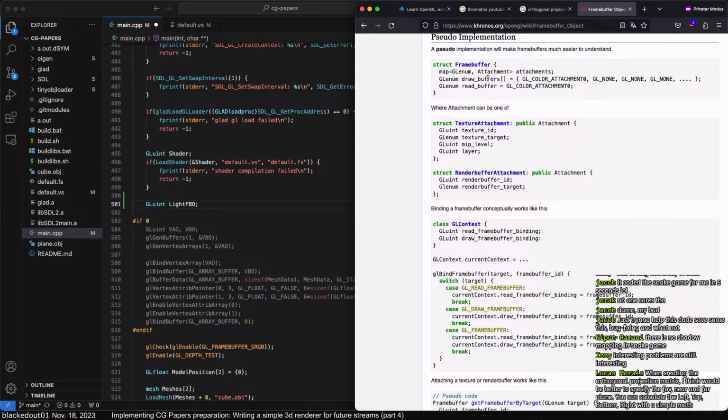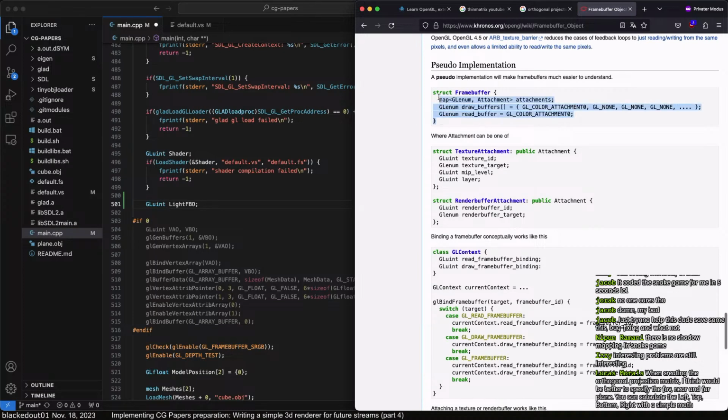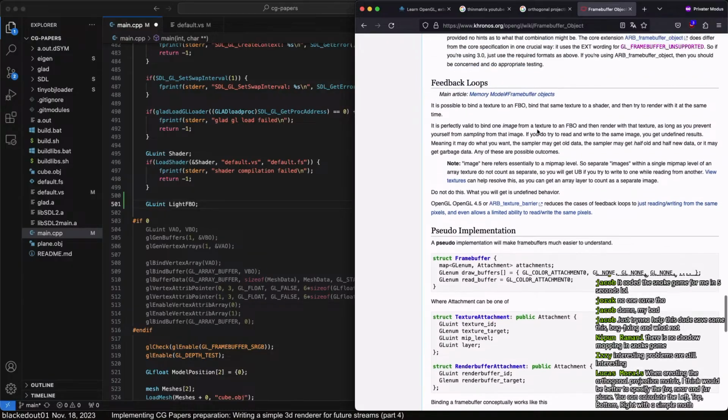In a frame buffer you have these buffers, and I'm not an OpenGL expert, but it's like a collection of images in which you can render into. And in our case, we are actually not interested in any color buffer. We only want a depth buffer.